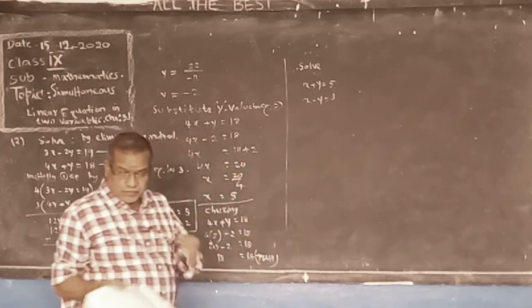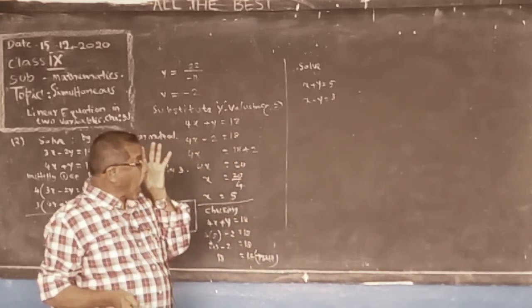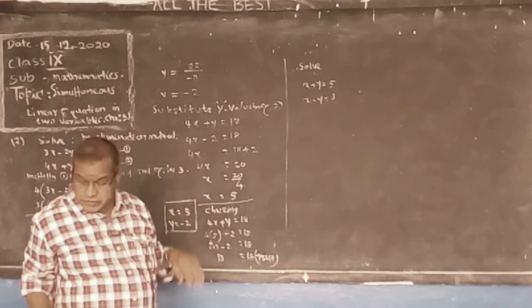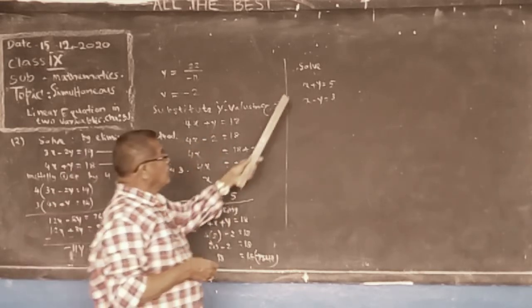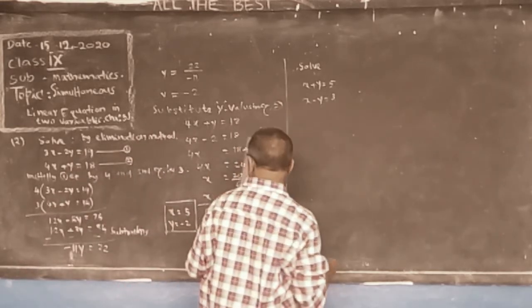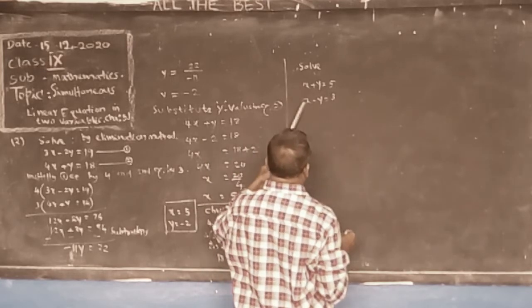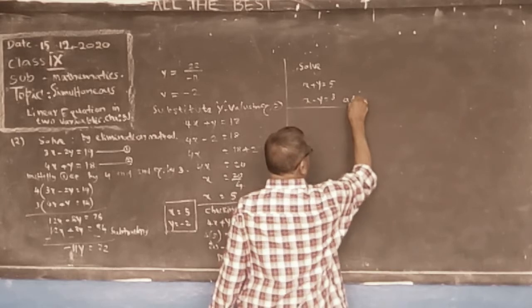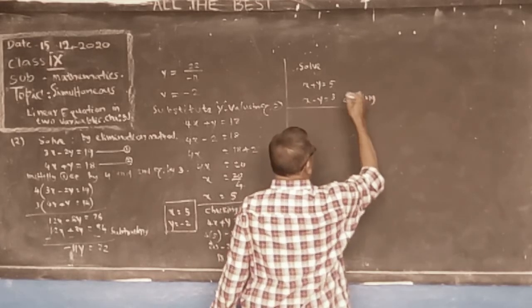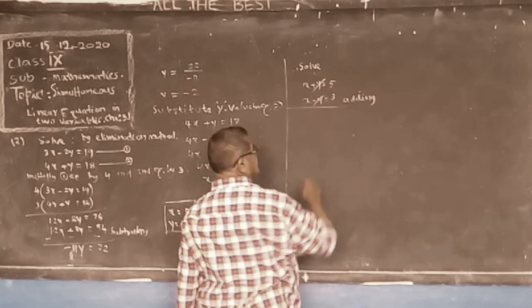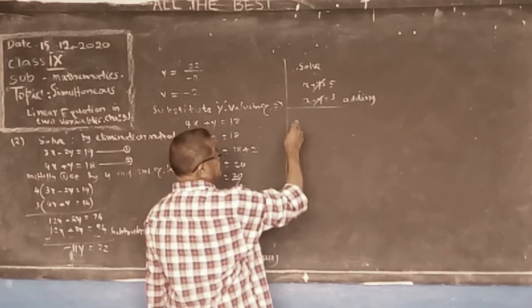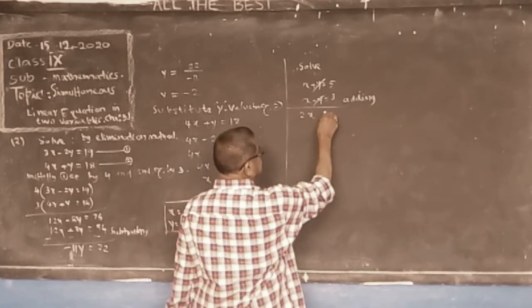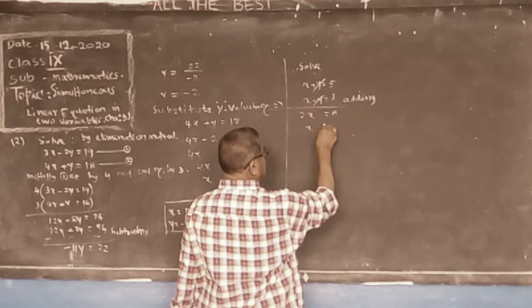Here the coefficients are the same. We need not multiply by other coefficients. Because the coefficients are the same, by adding we can eliminate y. Adding, plus y and minus y cancel. Then 2x is equal to 8, x is equal to 4.